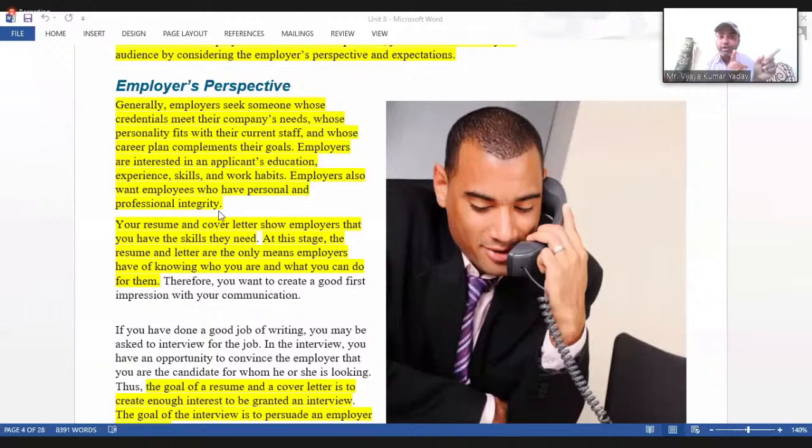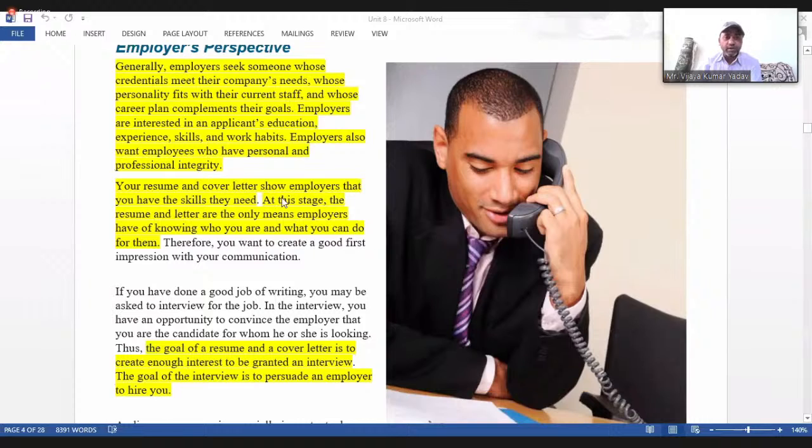You must maintain honesty in the office. If you are not honest, then anytime you can lose your job. All employers are in search of integrity in their employees.